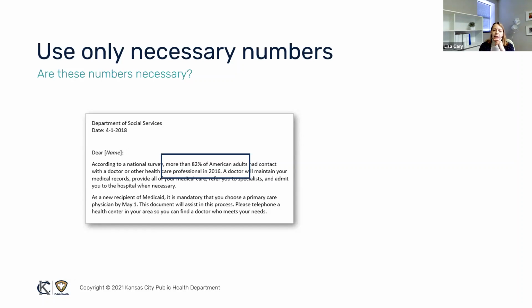Here's one, and this is a Medicaid letter about choosing a primary care doctor, and it tells how many American adults had contact with their doctor or other health professional in a certain year. Would you say that this number is necessary for people who are choosing a primary care doctor?